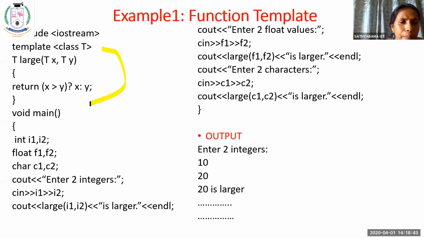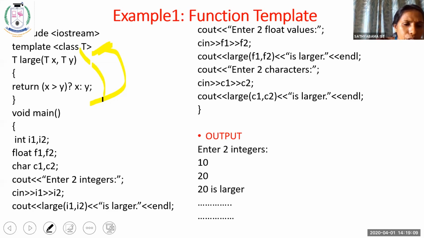Remember the general syntax while defining the function template. The general syntax is template, and inside the angle brackets you specify the template parameter, class T. Either you can specify class or you can specify typename. Both keywords are the same. And you specify the generic data type as T.